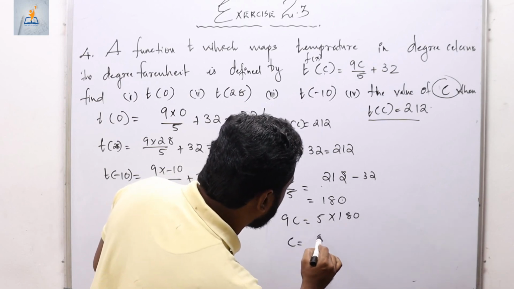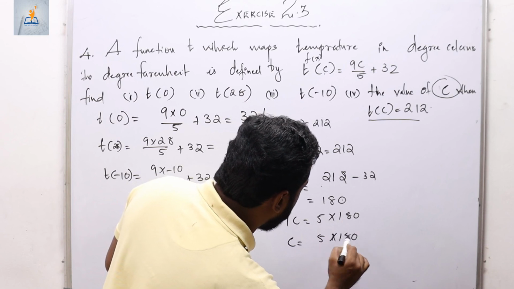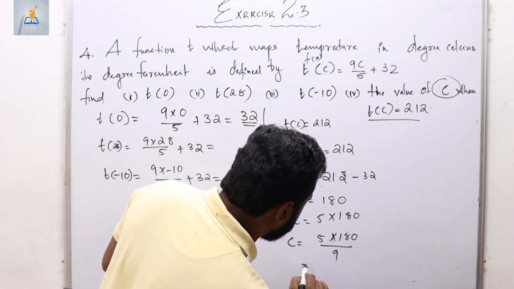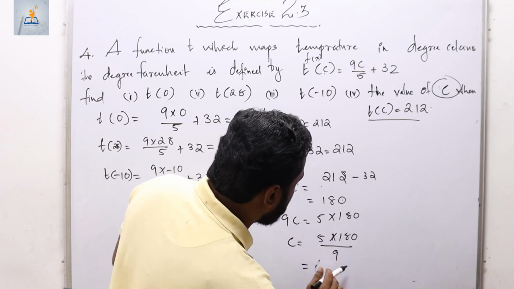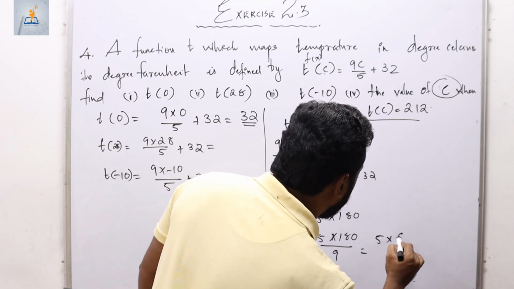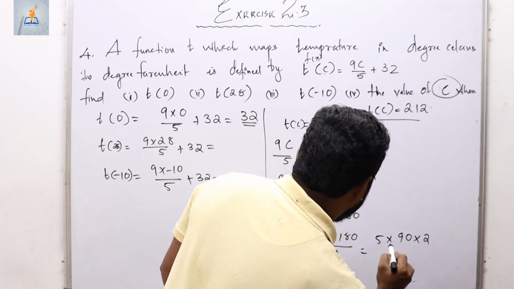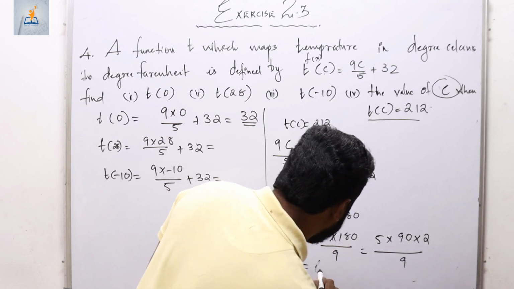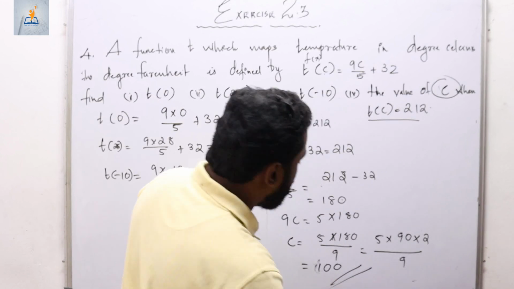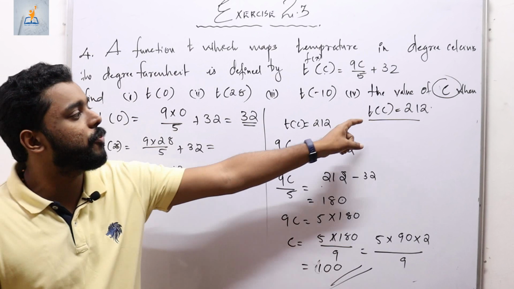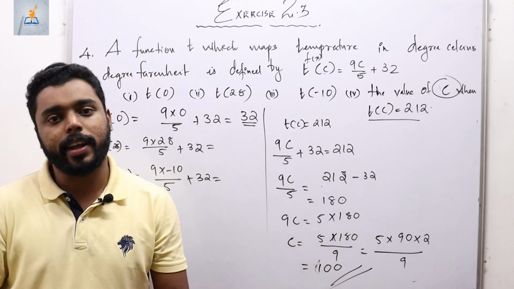Therefore, c is equal to 5 into 180 divided by 9, which is equal to 5 into 90 into 2 divided by 9, which is equal to 100. So this is the value of c when t of c is equal to 212.